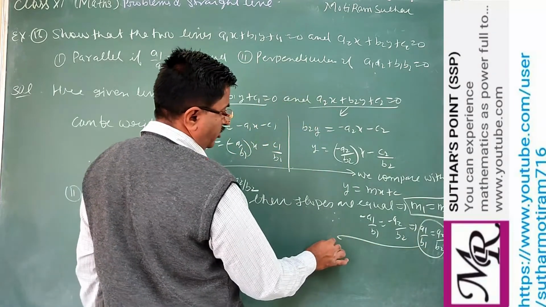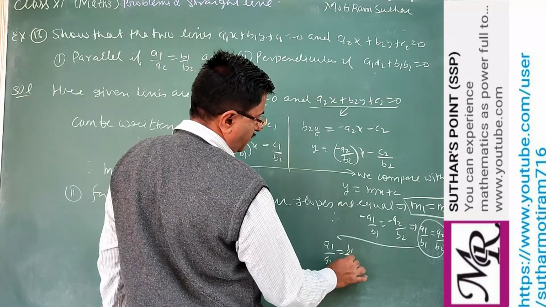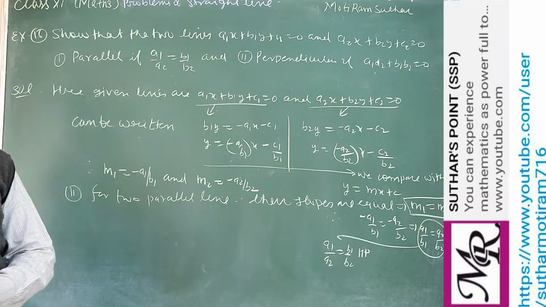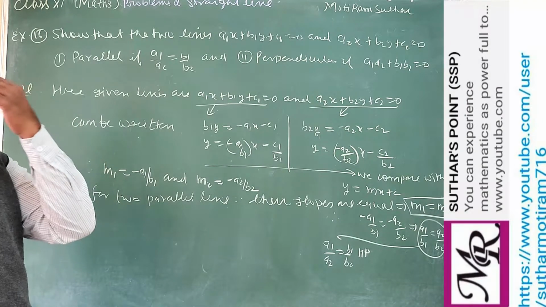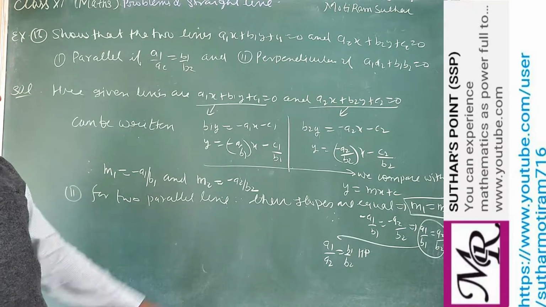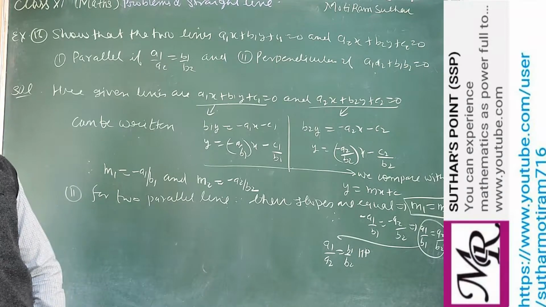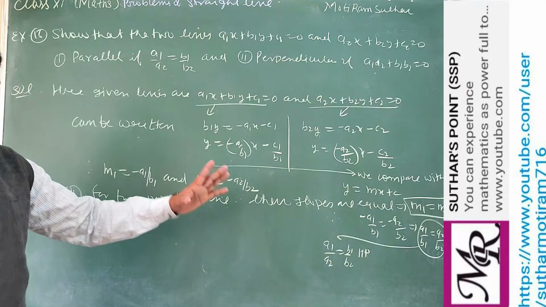Or you may write, by cross multiplying, a1/a2 = b1/b2. So the first part is proved: if the lines are parallel, the condition will be a1/a2 = b1/b2. Also, in 10th class, if two lines are parallel, then the ratios of the coefficients of x and y are equal. The same thing here we are doing with the help of the slope.